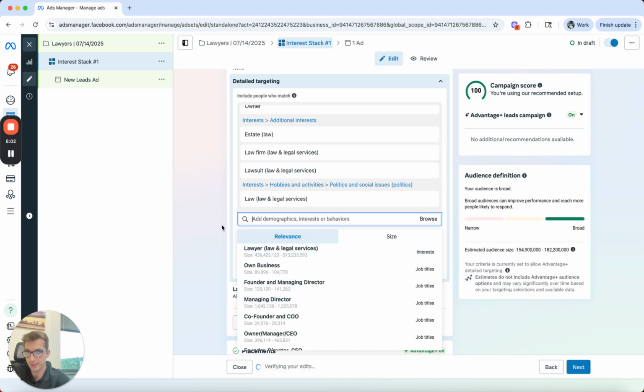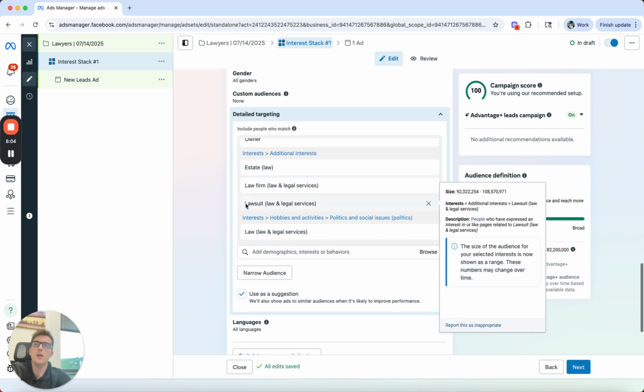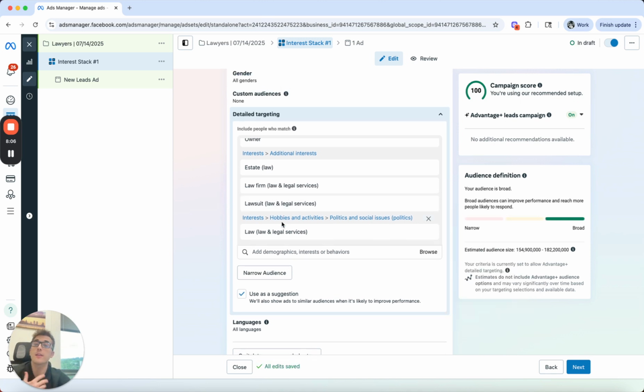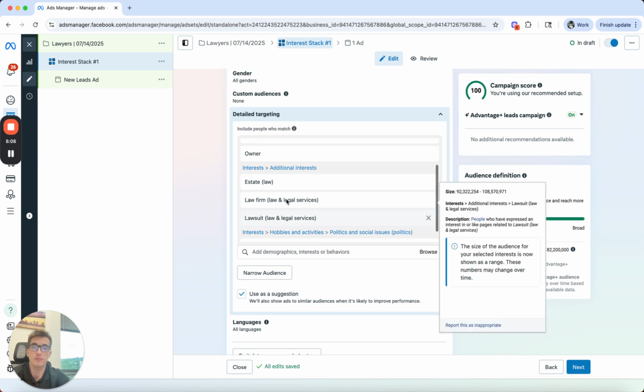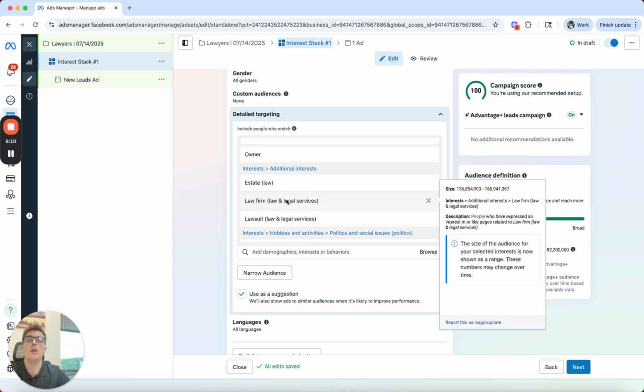Basically, what you're doing is telling Facebook the type of person you want to go after. Usually, most people would say this isn't a good thing to do. The only reason it's good to do with your first ever campaign is because Facebook has no data in that ad account, right? There are aged ad accounts you can buy that have previous data in them.